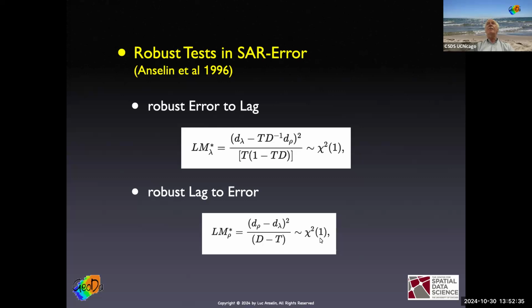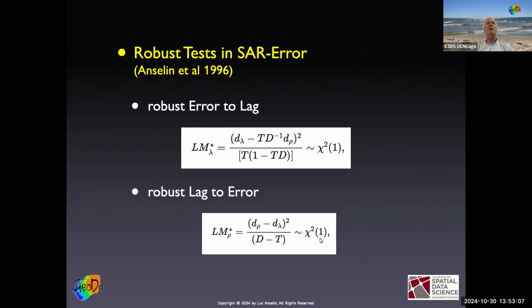We have LM SLX and LM SLX robust to lag. We have LM lag, which is the same one as before, but the robust form is now robust to SLX, not robust to error. So it's different. And then we have the joint test. So 5 and 5, 10 tests based on the Lagrange multiplier or the score principle, Rao's score principle, that are based simply on the results of least squares regression.